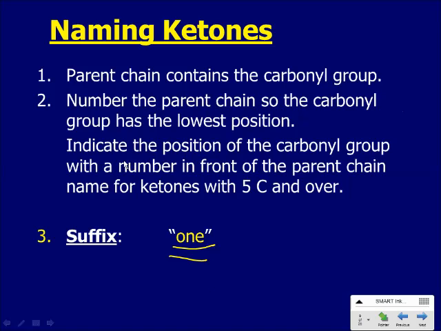They end in "-one". Again, the parent chain has to contain the carbonyl group. So you look for where that double bond is. Now, in this case, that double bond can be in different positions in the chain. So we do need a number this time. For aldehydes, no number needed, always in the number 1 position. For ketones, we do need.